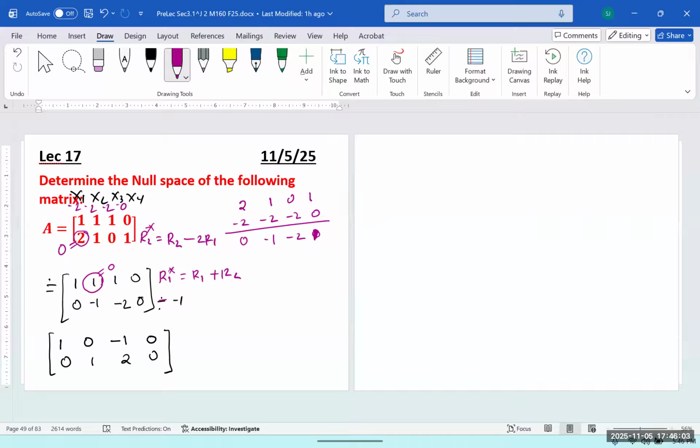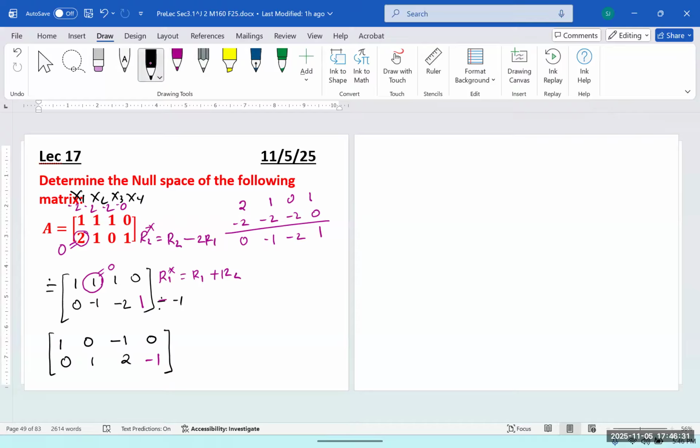It should be 1 because 1 minus 0 is 1. So we don't get a 0 here. We get a negative 1 here. So 1, 2, negative 1.